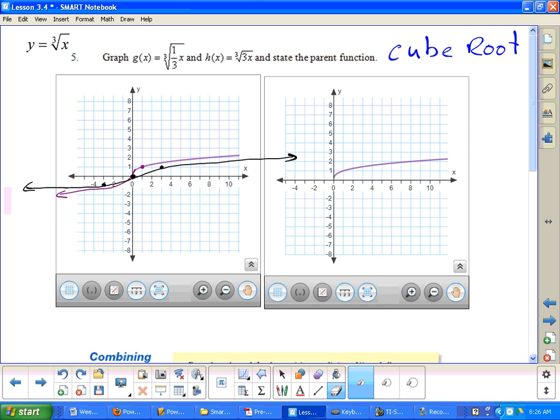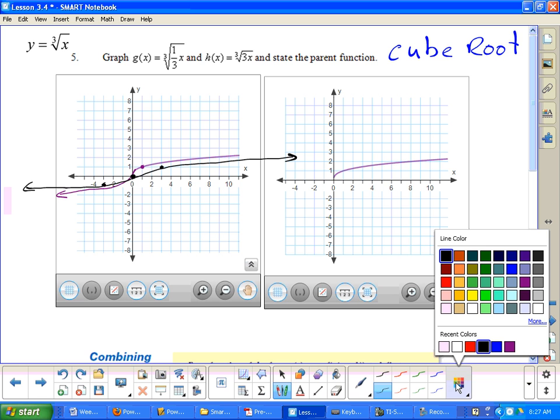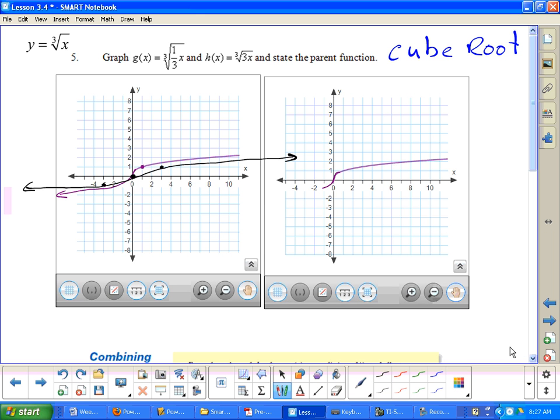All right. H of x, cube root of 3x. Okay, what's the reciprocal of 3? 1/3. So then this graph over here is going to be compressed by 1/3. So that means that the point here where it was at 1, 1 is going to be at 1/3, 1.